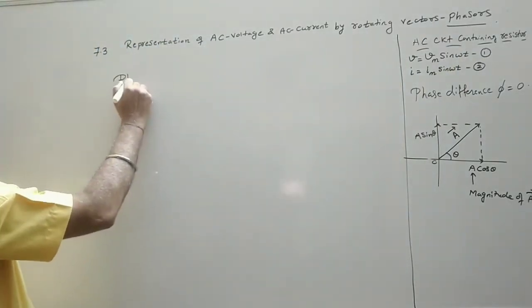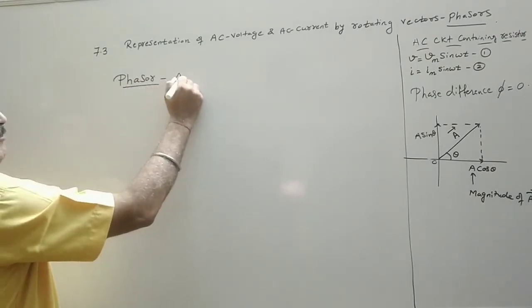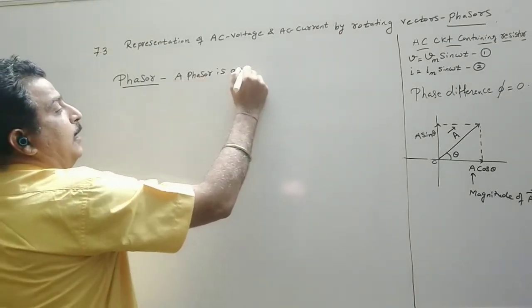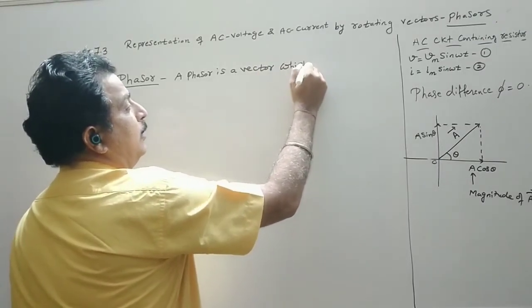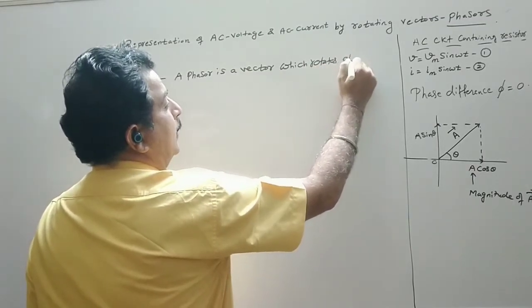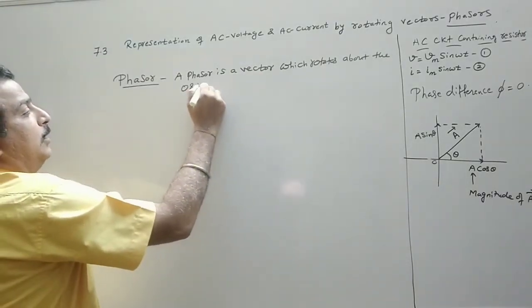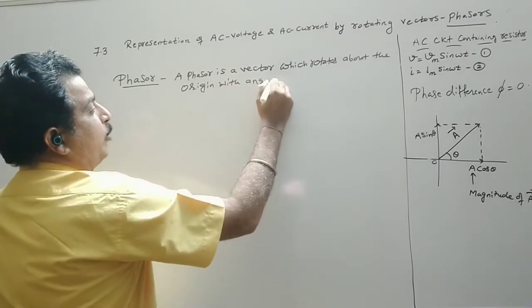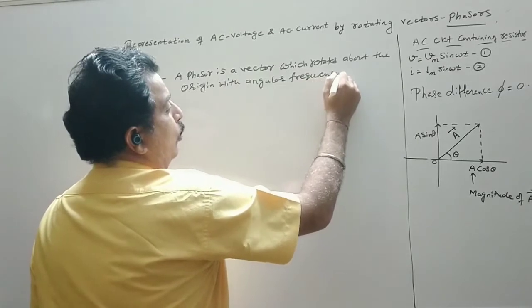So first we defined what is phasor. A phasor is a vector which rotates about the origin with angular frequency omega.